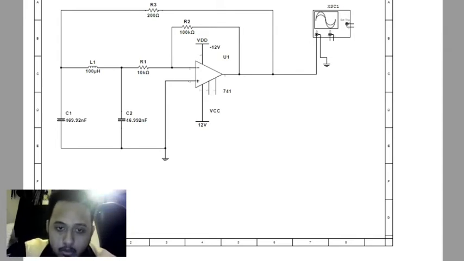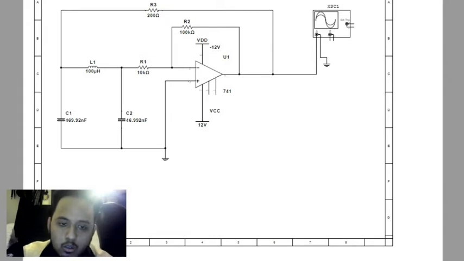So for this part, I will present about the simulation of the circuit. Our project is called the Colpitts oscillator.